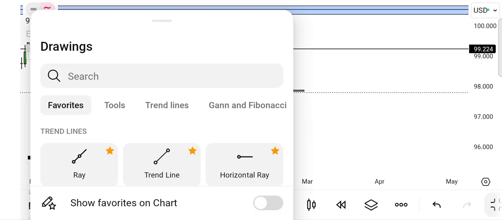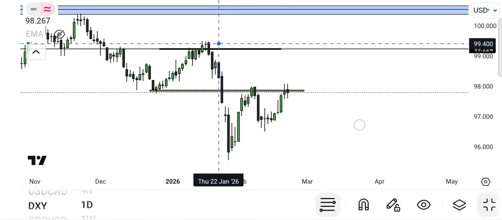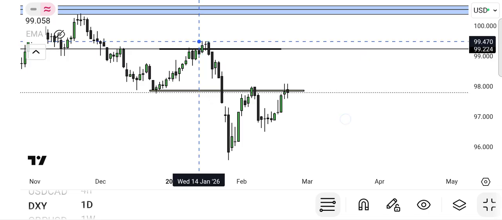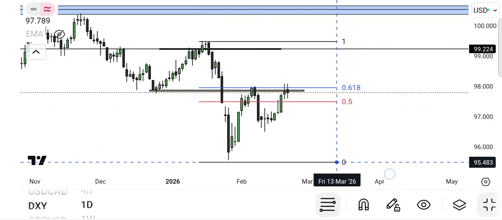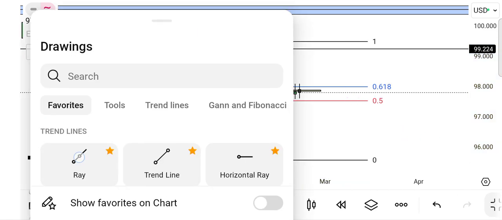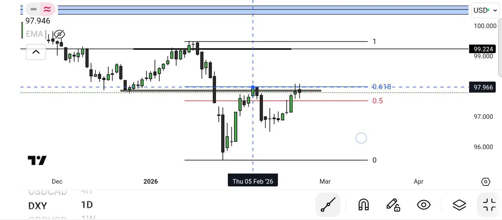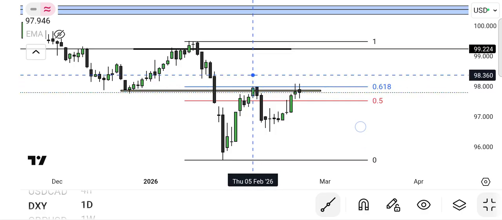Now number 1 is this resistance zone. 2, Fibonacci. The market came closer to this 60 fib retracement level but did not come above it.